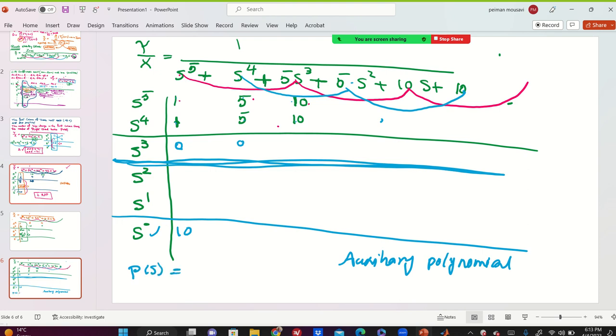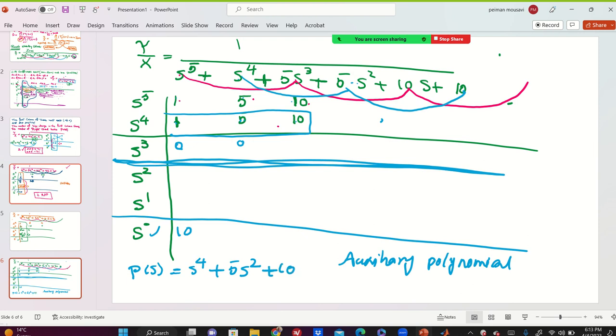This one was s^4, plus this 5 was for s squared, 5s squared, just from the line above the row of zeros. And this 10 was from here.